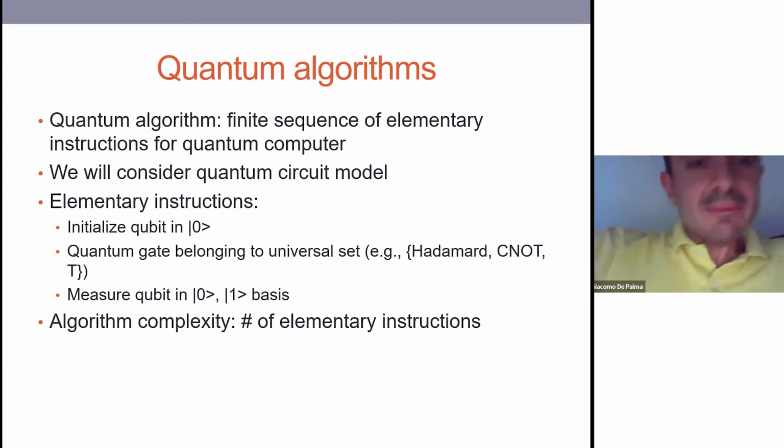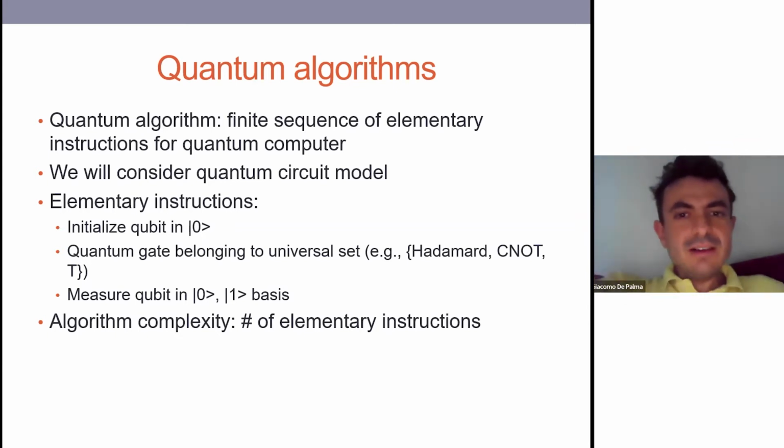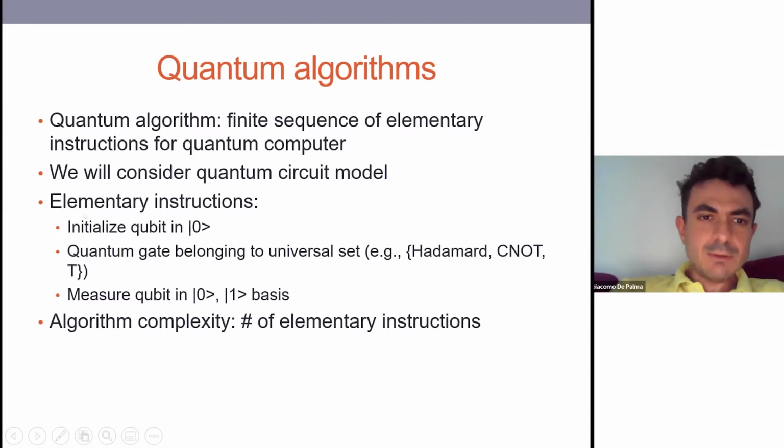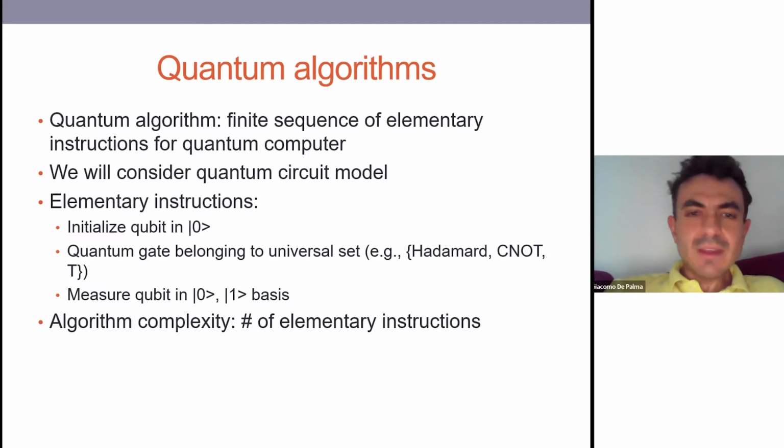We will consider the quantum circuit model, where these elementary instructions are initializing a qubit in the 0 state, so we can add a qubit and initialize it in 0, or we can apply a quantum gate to one or two qubits.